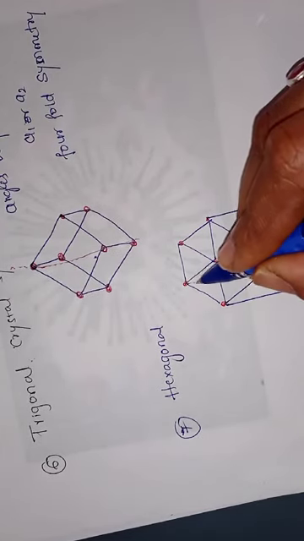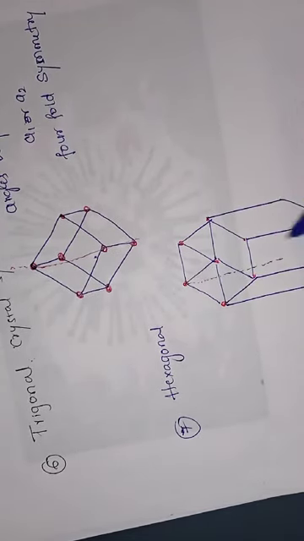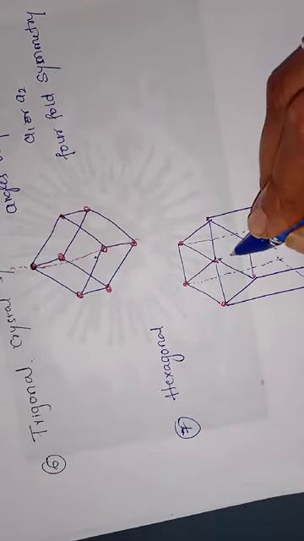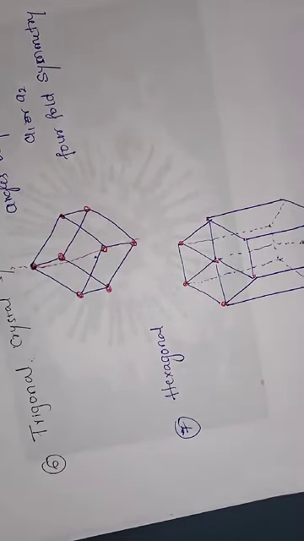This is the hexagonal crystal system. The atoms are arranged here, like this. This is the hexagonal system.